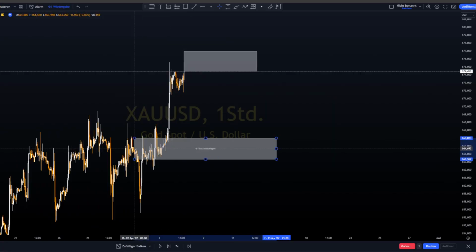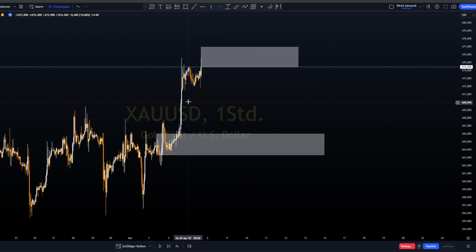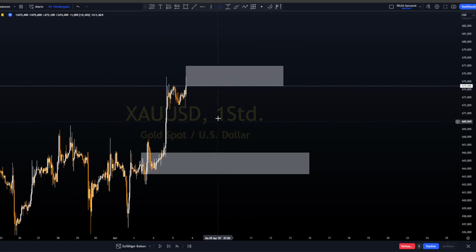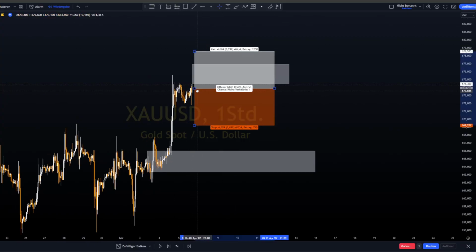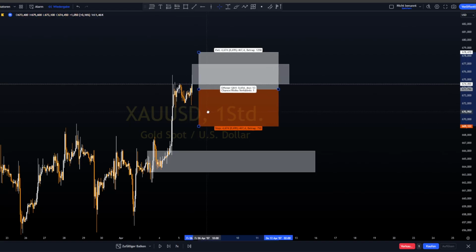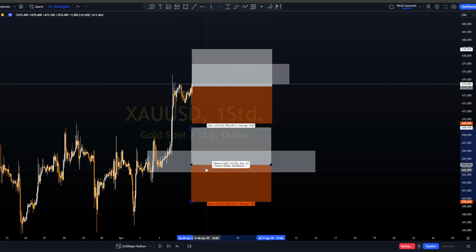Always in a zone where the price started the big impulsive move, not between all this fair value gap shit. So the aggressive entry would be this one, okay? And the passive entry would be something like this.